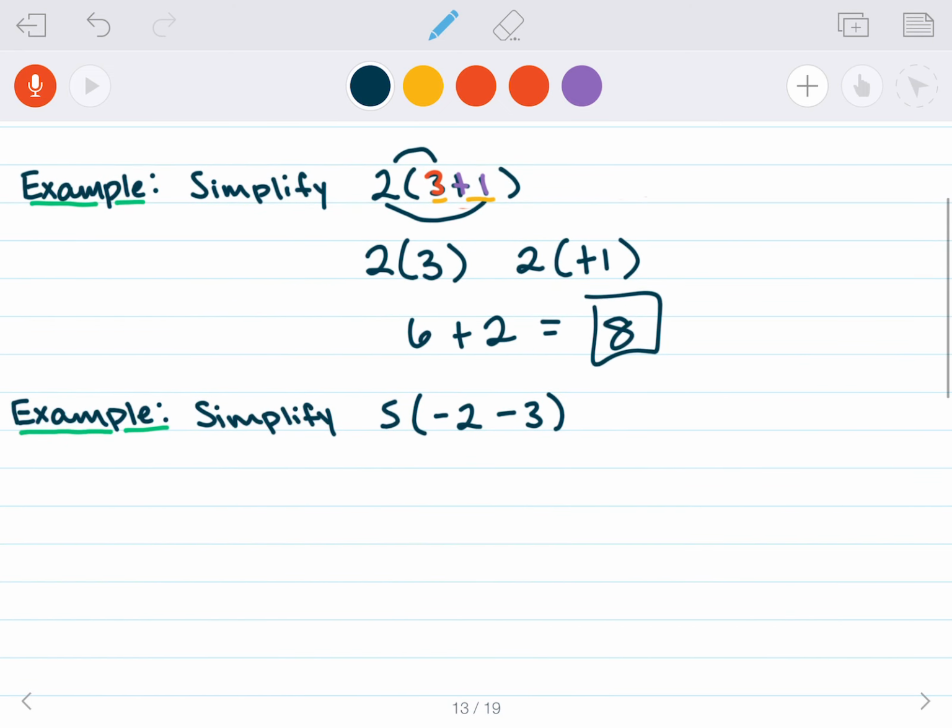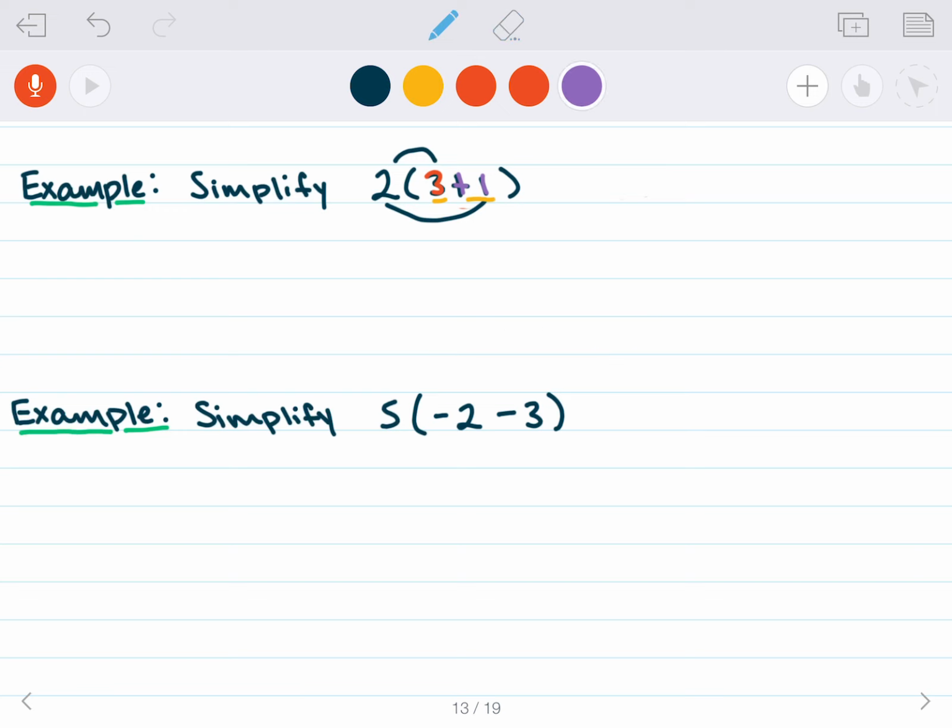Let me actually erase this so you guys can see it. So we have a number on the outside multiplied because there's no sign right there. And when we multiply, we can use the distributive property. So we distribute to this one, and we distribute to this one. First thing, we're going to do 5 times negative 2.